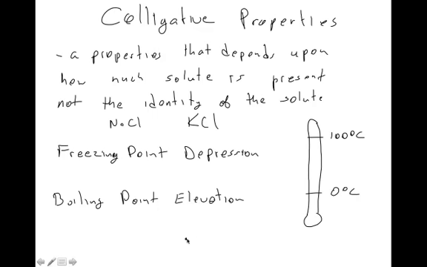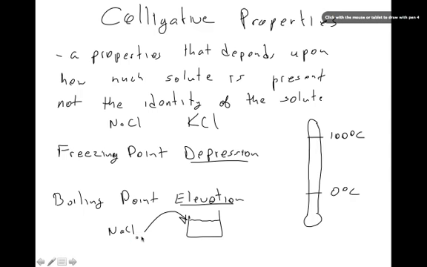And so they say exactly what they mean. For example, if I had a beaker of pure water, then that pure water would freeze at 0 degrees Celsius and it would boil at 100 degrees Celsius. But if I took some solute, for example salt, and I put it in that water, then it's going to depress the freezing point and it's going to elevate the boiling point.